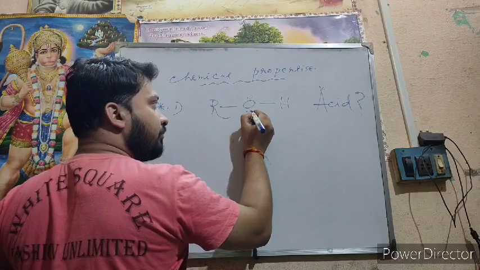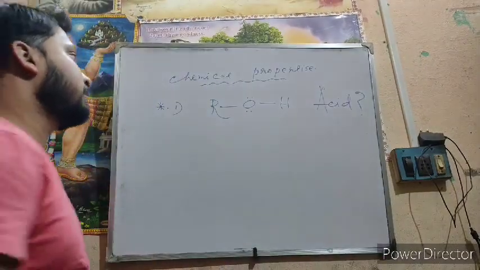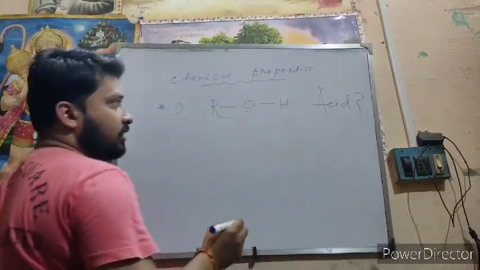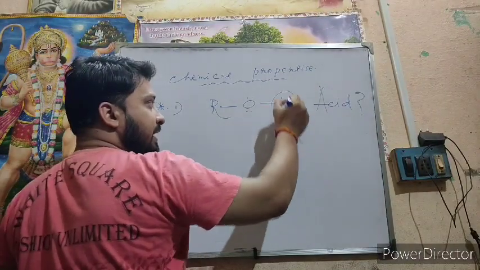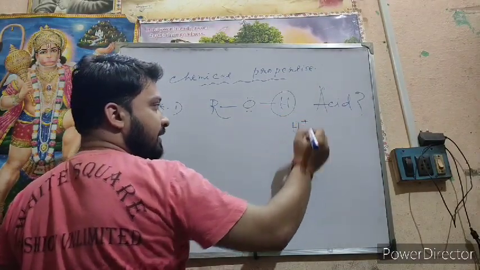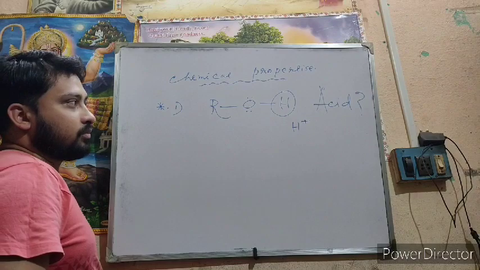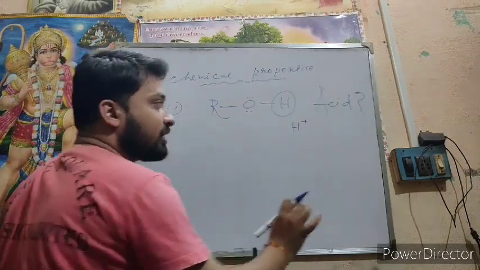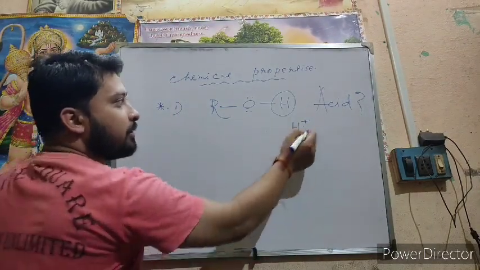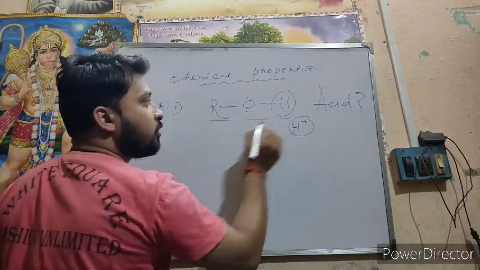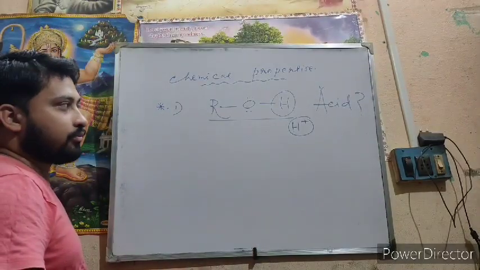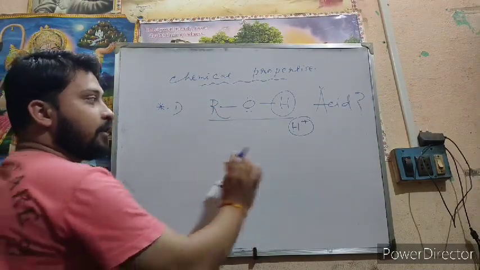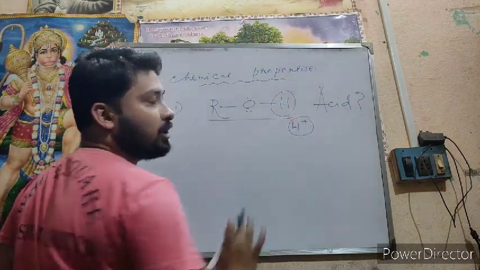Let's see. When it behaves like an acid, if it gives this H plus, it behaves like an acid. So the question is, is it possible to give H plus through this compound? If it is possible, then it is called an acid.